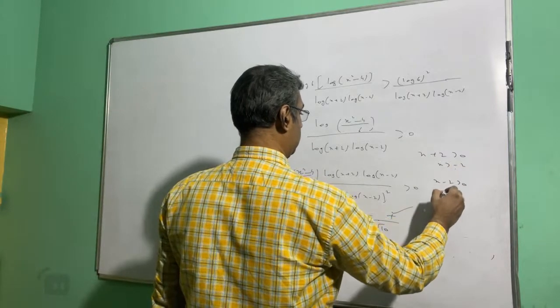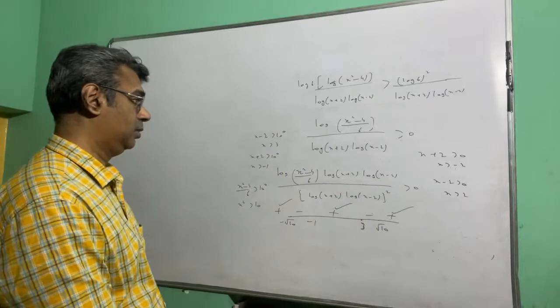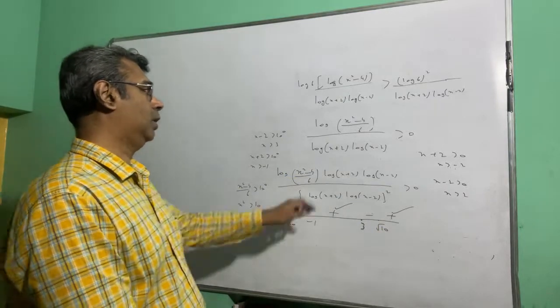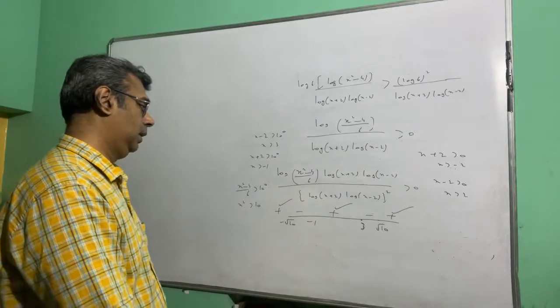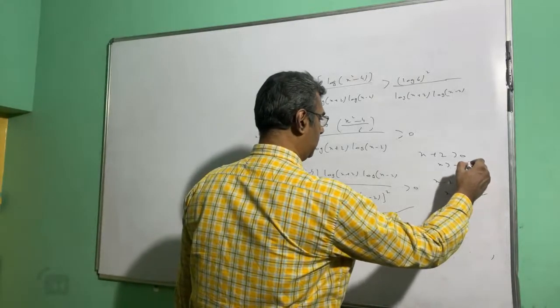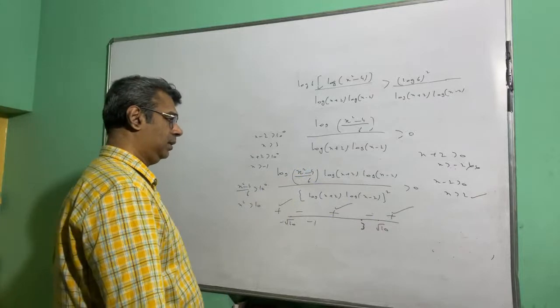So x has to be greater than minus 2 and x has to be greater than 2, both. I mean, you cannot do log of a negative number. So if somebody is greater than 2, automatically that person is greater than minus 2. So x has to be greater than 2.